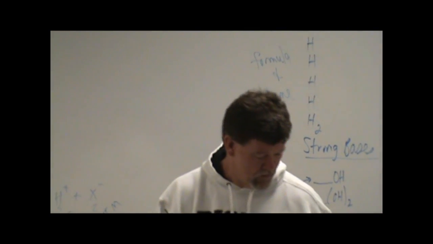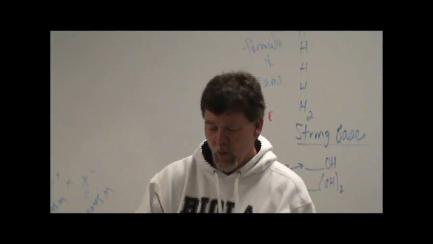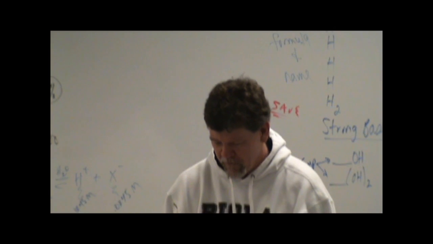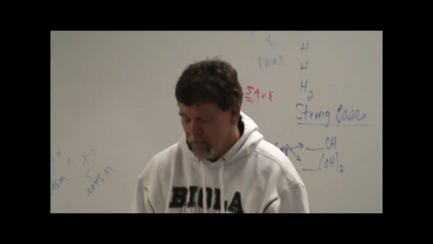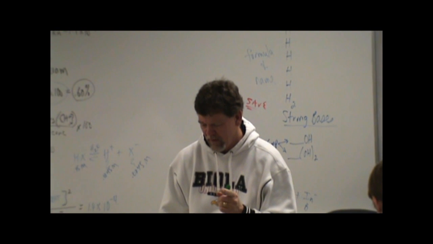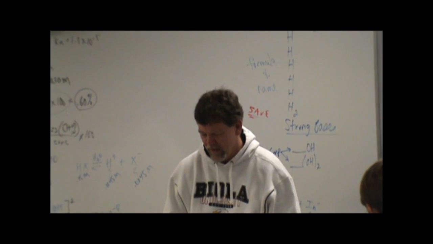If you do that, the H plus concentration is at the bottom there. See where it says concentration of H plus is equal to Kw over Kb. That shouldn't be Kb actually. That should be just concentration of OH minus.